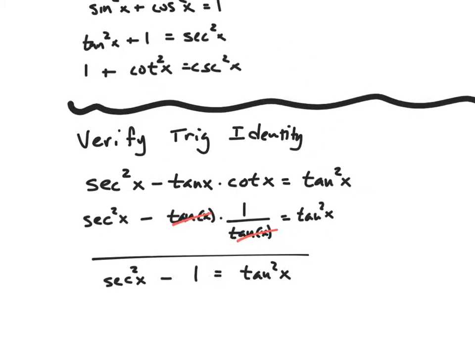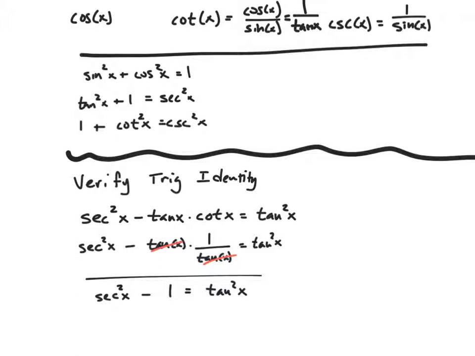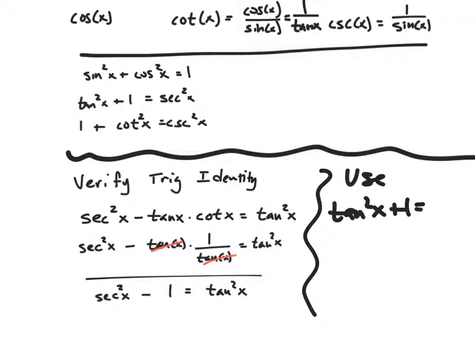Okay, now let's use this guy over here, our Pythagorean identity. Okay, so remember we're going to use tangent squared x plus 1 equals secant squared x.